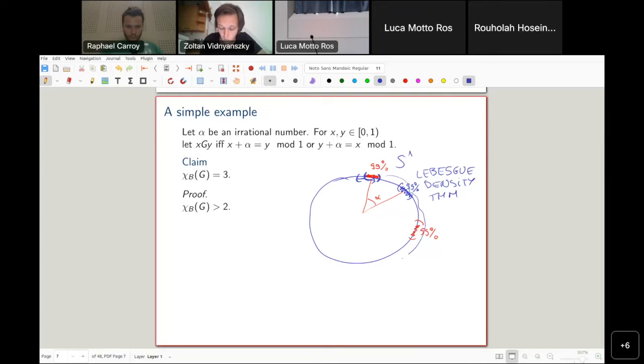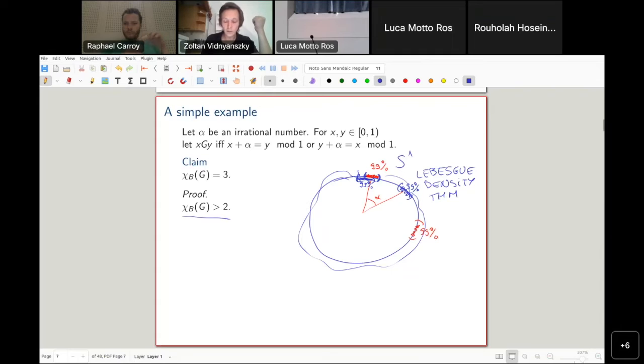So I go, and at some point there will be a big overlap. But this is a contradiction, right? Because if there is a big overlap and 99% here is blue, 99% here is red, then there will be points which are blue and red, which is not good. Okay, so fine. So we have this lower estimate.